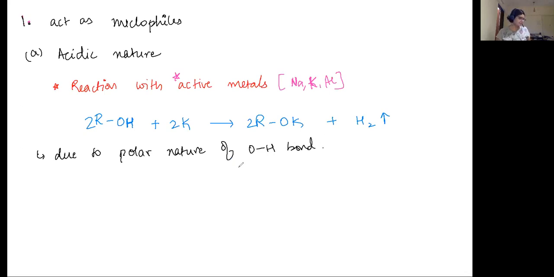Any alcohol is able to show at least a tiny bit of acidic nature because of the polarity difference in the OH bond. Because of this, oxygen has a slightly negative charge and hydrogen has a slightly positive charge, which is why a metal, when it forms the metal ion, is able to form a bond with oxygen, displacing hydrogen in its place.